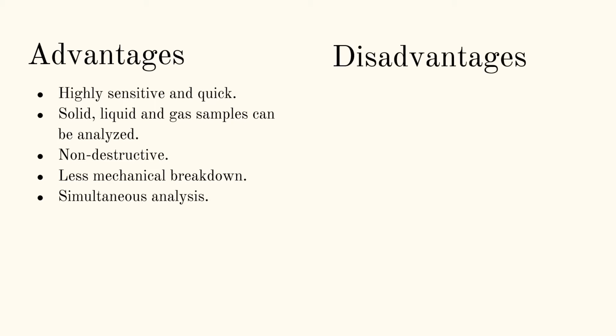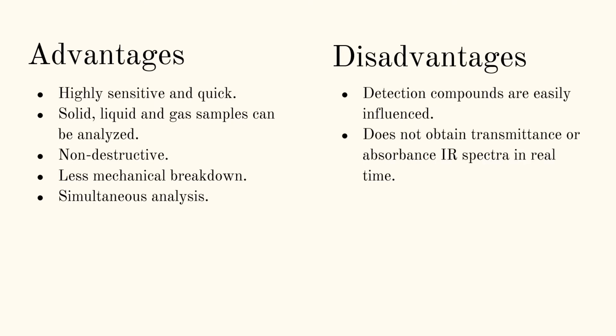Like other methods, FTIR also has its disadvantages. Detection of compounds is influenced by water vapor, path length, and chemical interference, resulting in some compounds to be harder to quantify due to interference from other compounds. FTIR is a single beam instrument, so it does not obtain transmittance or absorbance IR spectra in real time.